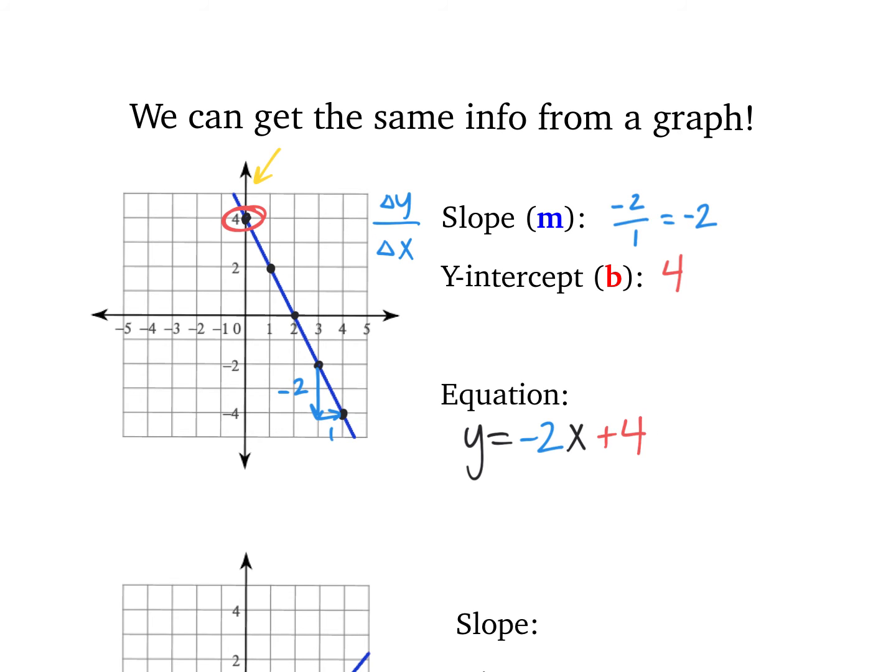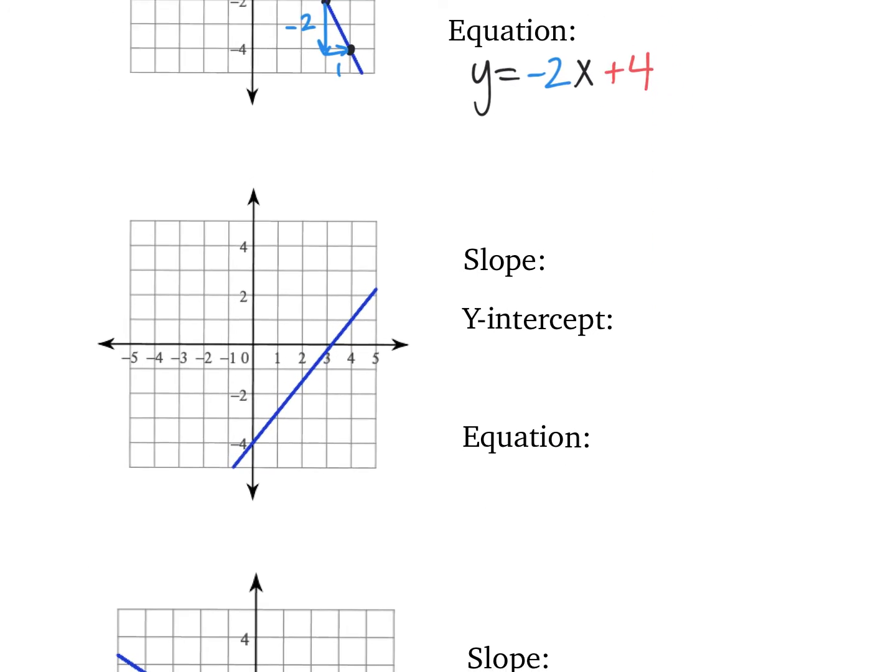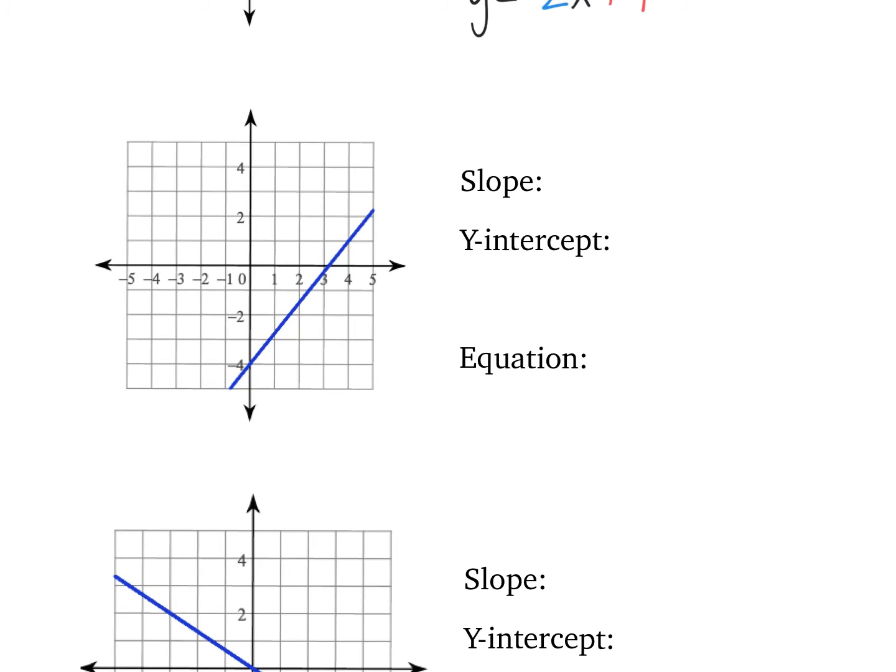Let's quickly do a couple more. Looking at this graph, I'm going to start by finding 2 points. So this one looks good. Really nothing until right here. So my slope is going to be up 1, 2, 3, 4, 5 for my change in y, and over 1, 2, 3, 4. So my slope is 5/4, and my y-intercept is down here at negative 4.